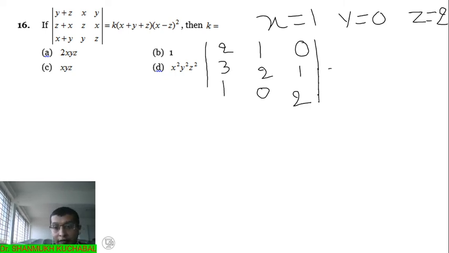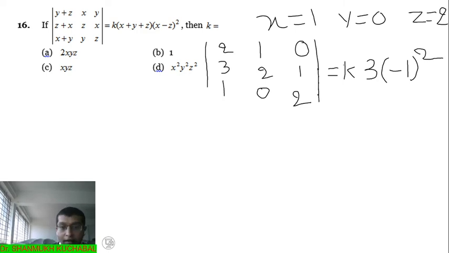And we need to find the value of k, so k as it is, then x plus y plus z, 1 plus 0 plus 2, that is 3, and x minus z, x minus z, x minus z, it is minus 1 square.